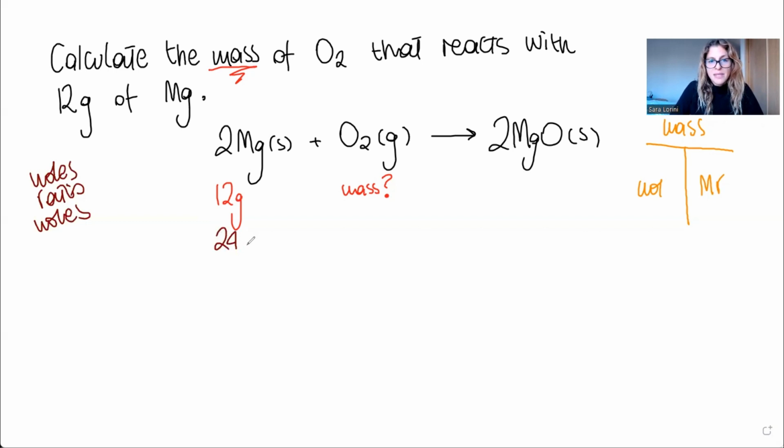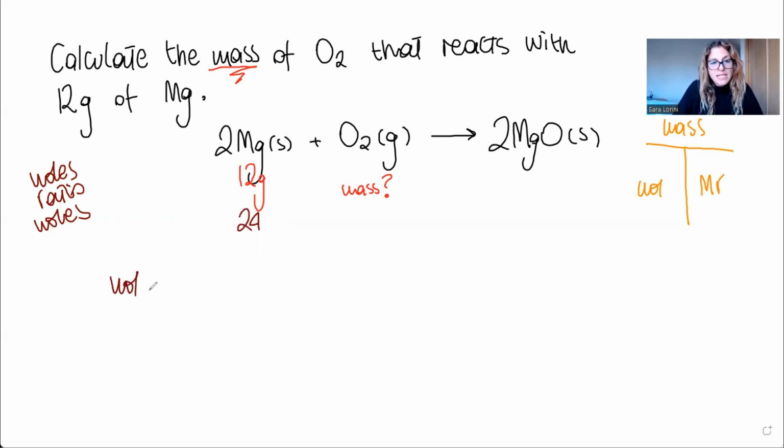The MR is always the biggest number in the periodic table. And yes, we don't include that big 2. Forget about it, that is only involved with the ratio. Those two are everything we need to find the moles of magnesium, because at the end you can only find the moles of whatever you have the mass of. First step, moles, great. I need to find the moles of magnesium.